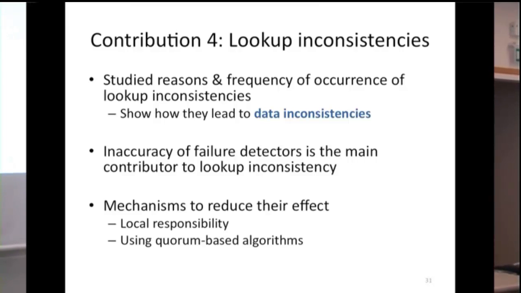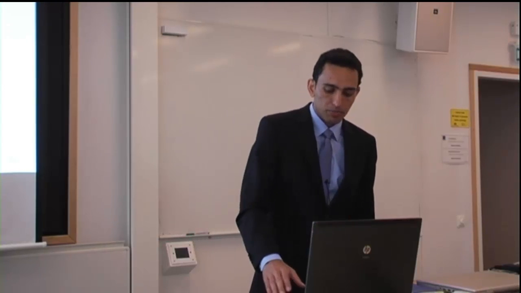And we discussed some of the mechanisms that can reduce the effects of these lookup inconsistencies. As Peter mentioned, some of these were in the folklore, like some people talking about how you can use this way or that way to reduce them. But if you want to build a system on top of such a thing, you have to first evaluate and see that there actually is such an effect. So that's why we wanted to first study this.